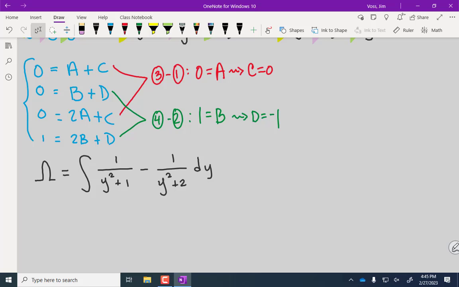What's the integral of the first one? Arctangent, is that what you said? Yep, arctan of y. All right, how about the second one? It is an arctangent. Let's be clever here.